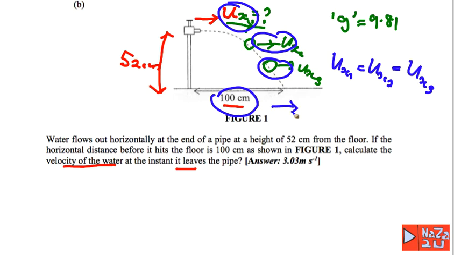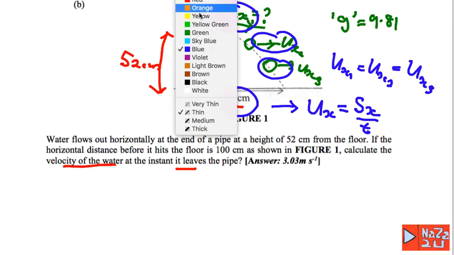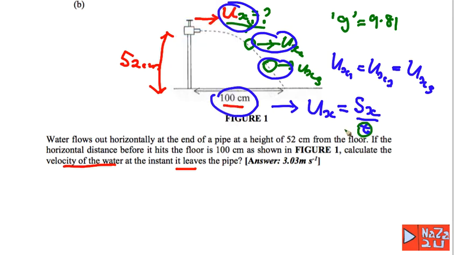From the formula, velocity u in the horizontal or x-axis direction is equal to the displacement x divided by time t. The t here is the time taken for the object from the initial position, which is where the water flows horizontally at the end of the pipe, to the final position.